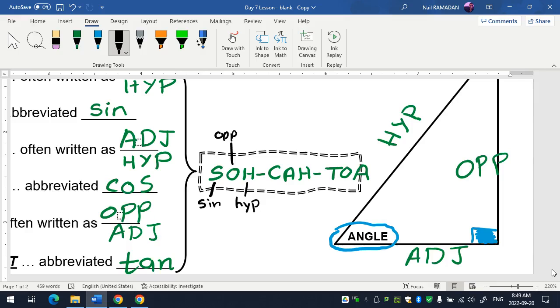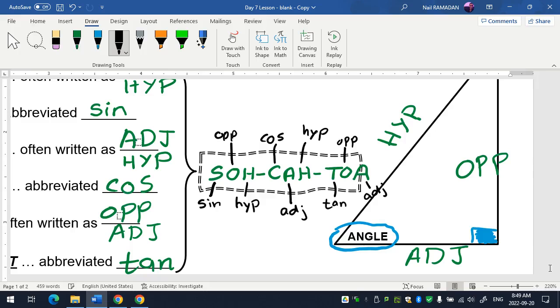Okay, how about the C? What does it stand for? Cosine or cos, so COS. How about the A? ADJ. And how about the H again? HYP. Finally, T is tan, O is OPP, and A is ADJ.